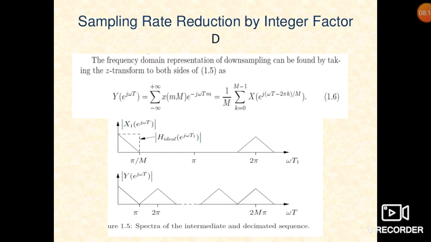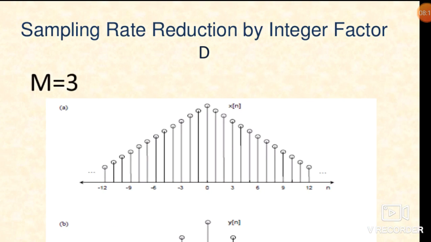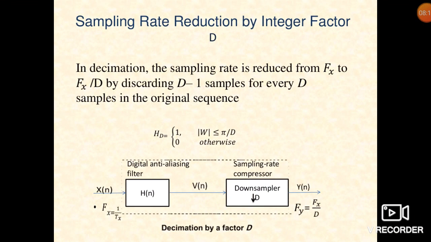To reduce this effect of aliasing, we are going to introduce a low pass filter before the downsampling. Here we have to observe why we insert the low pass filter before the downsampling, not after.